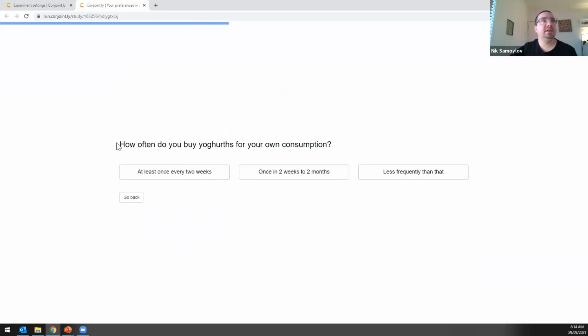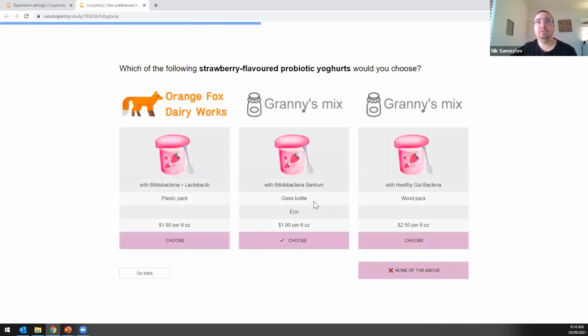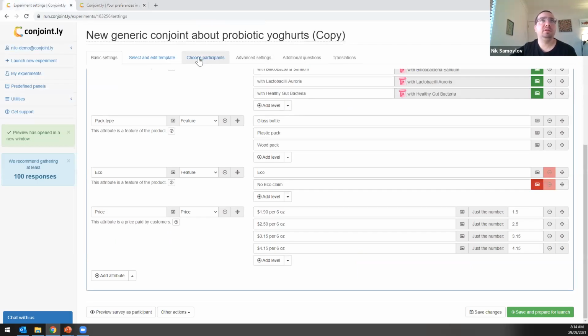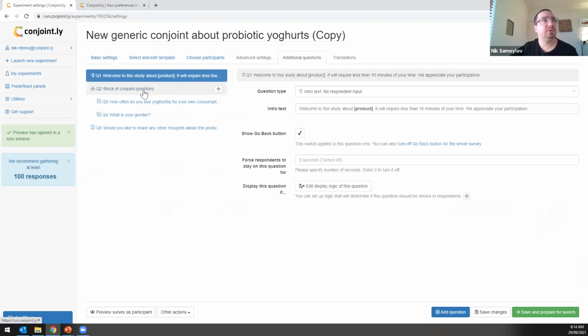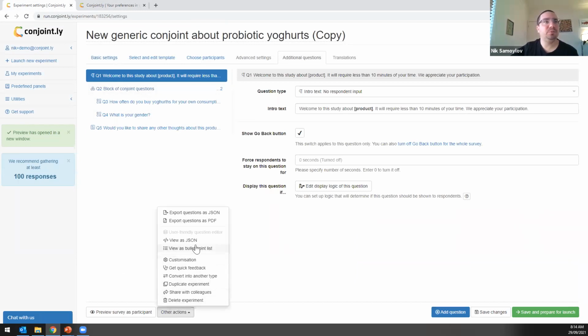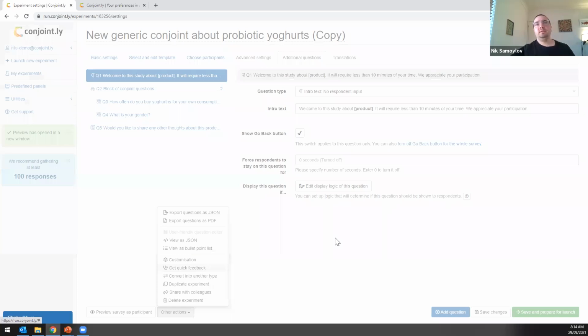And here we also sometimes want to introduce questions in the middle of the conjoint exercise, again, to reduce fatigue. That can be easily done by just mixing those questions into the conjoint block. Okay, so no input yet. We are just going to go ahead and collect quick feedback.